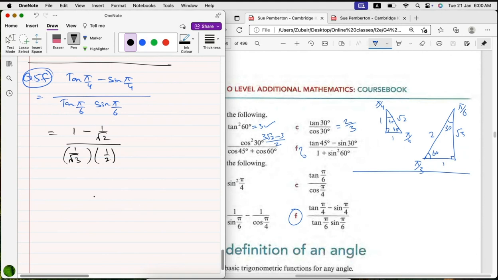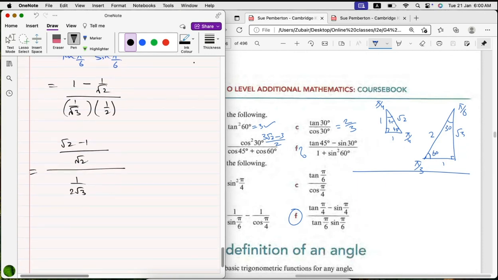Now taking LCM in the numerator. These are just numbers now. So root 2 minus 1 over root 2 in the numerator, over 1 over 2 root 3. And I'm rationalizing there: 2 minus 1 over root 2 into root 2 by root 2, over 1 over 2 root 3 into root 3 by root 3.